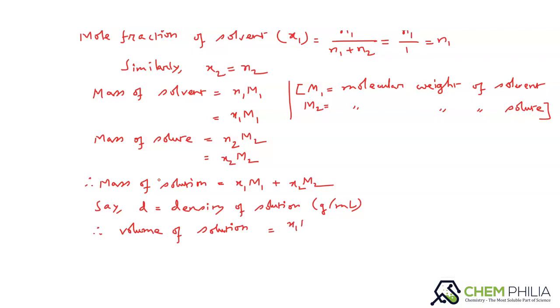Now mass is x1 m1 plus x2 m2, divided by its density. Sorry, its density is not 10, it's D. So mass divided by density is the volume of solution, and that is x1 m1 plus x2 m2 upon D.